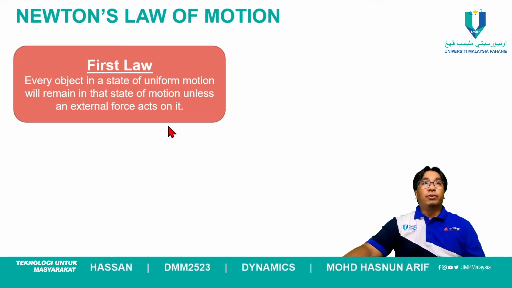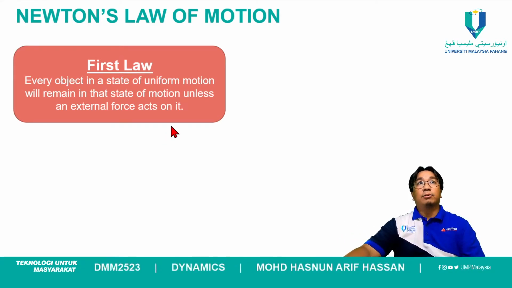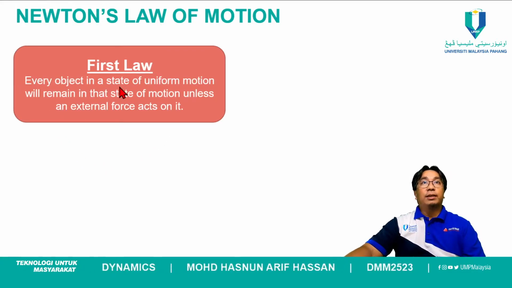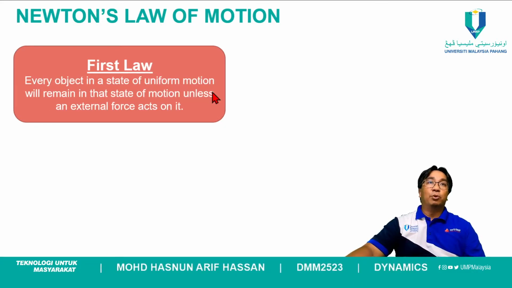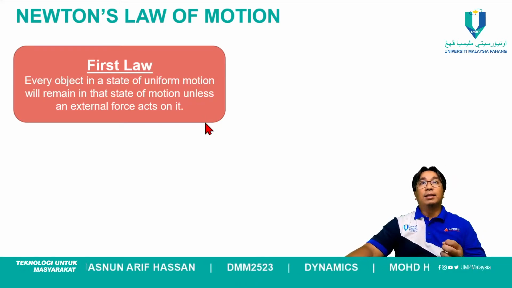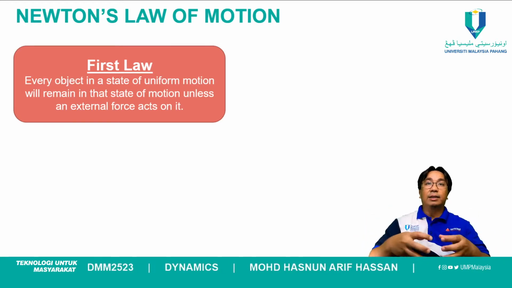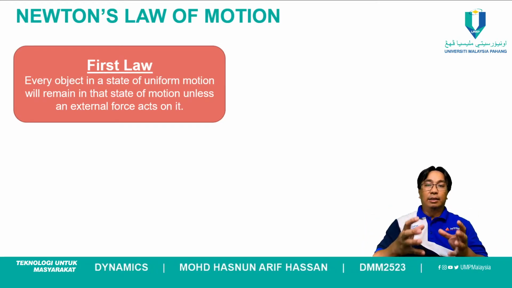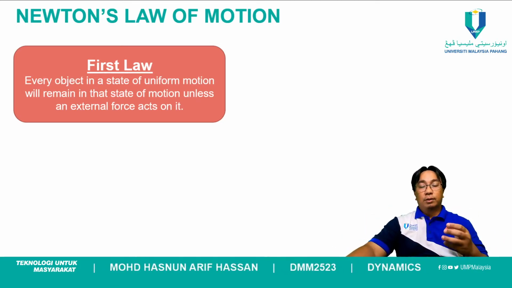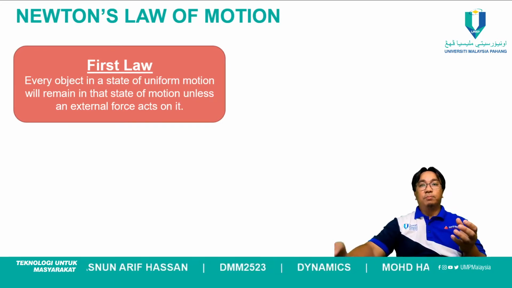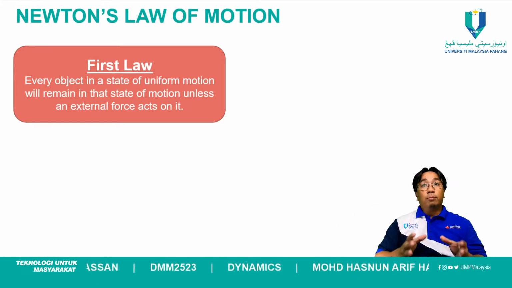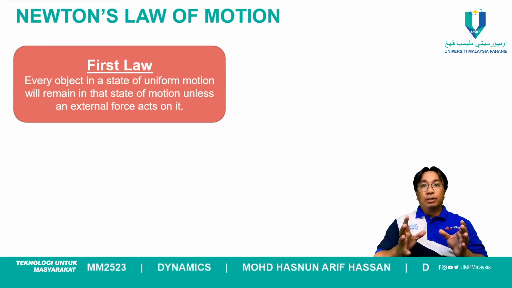Yes. The first law of motion that Newton gave is: every object in a state of uniform motion will remain in that state unless an external force acts on the object. Meaning that if the object is not moving, it will stay not moving.